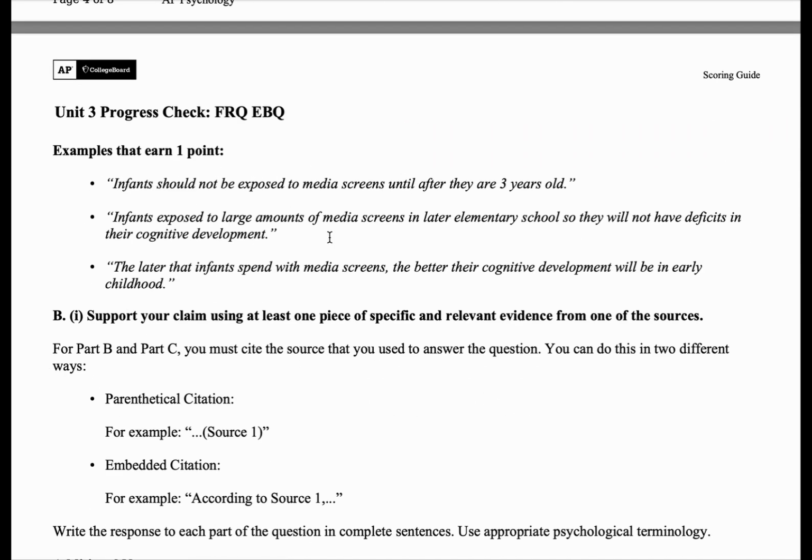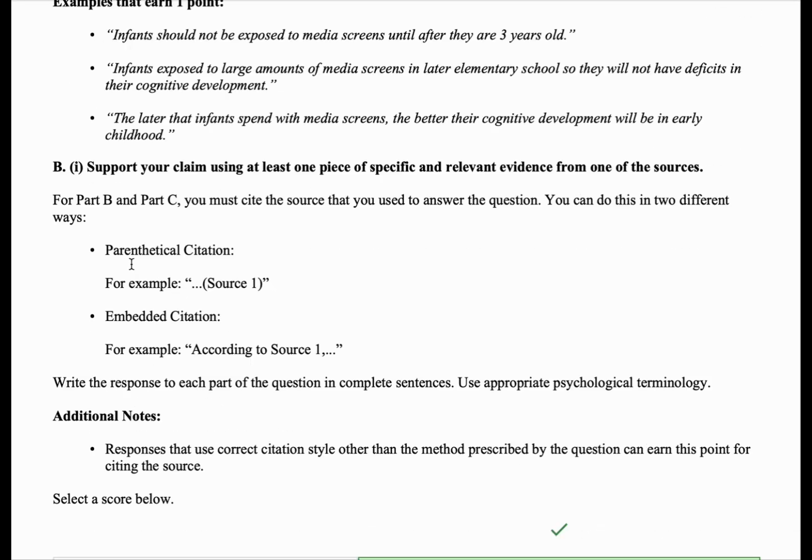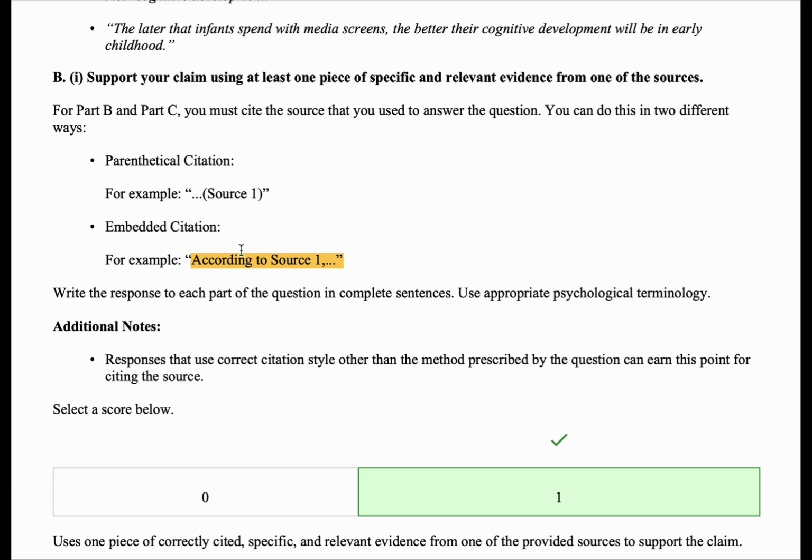So as long as it's aligning with the things that they're asking for, it's good. For B, we have to cite the source, and for citation, we can just simply say according to source 1 or according to source 2. That's pretty simple. But keep in mind that you have to cite it in some way, reference the source, to show that you understand that this question is asking you to cite the source.